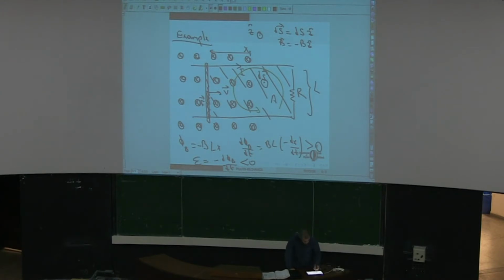So B dot ds is equal to minus B times ds, minus the product of the magnitudes. This is the minus sign that appears over here. Some of your friends wanted to choose ds in this direction. If we had chosen ds in the opposite direction, then the flux would have been positive. It's completely your choice. You chose this direction to be positive, so in this configuration the flux is negative.